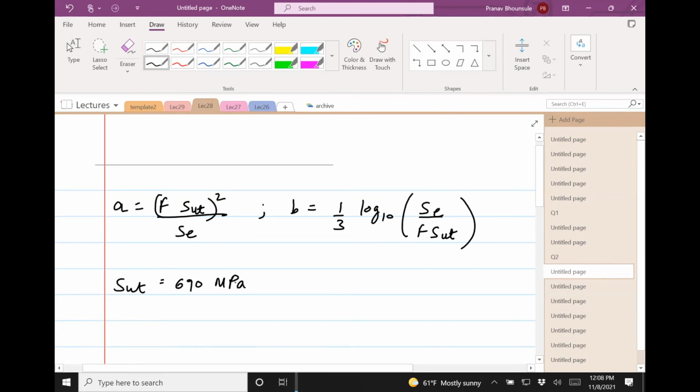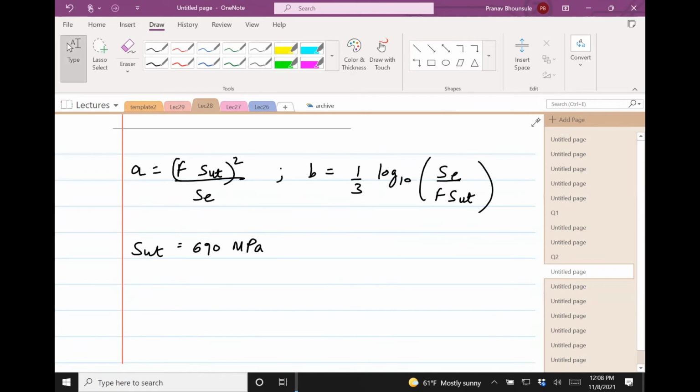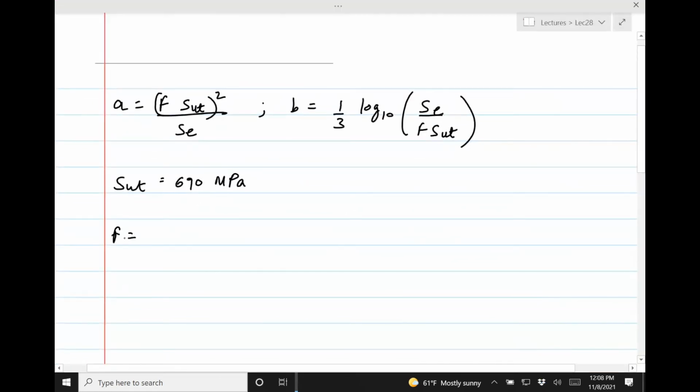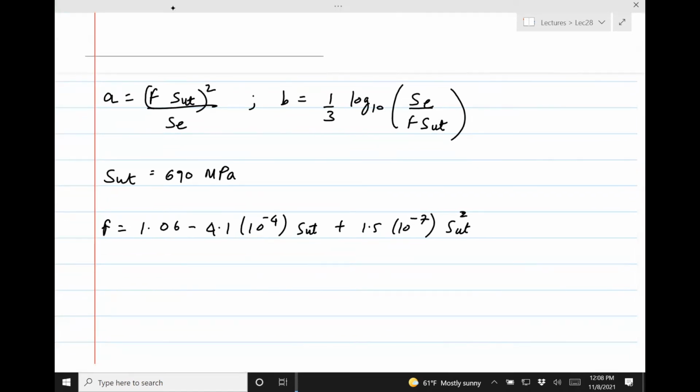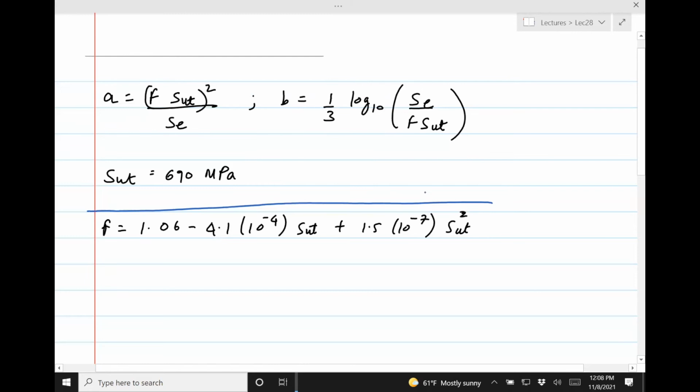Okay, let's compute the rest. Small f is actually kind of simple. There's a formula in the book that f is 1.06 minus 4.1 times 10 raised to -4 SUT plus 1.5 times 10 raised to -7 SUT squared. That's a formula from the book.